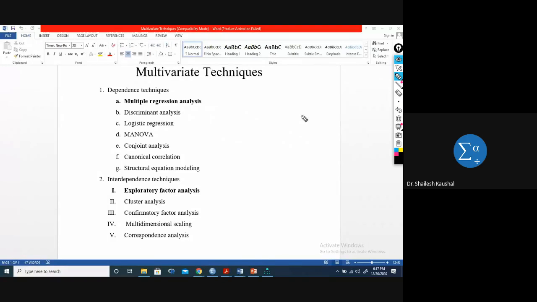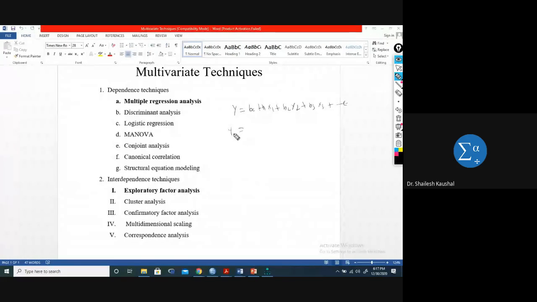But in structural equation modeling, simultaneously we can use multiple regression equations, a structure of equations like y1 = b0 + b1x1 + b2x2 + b3x3. This is one equation.